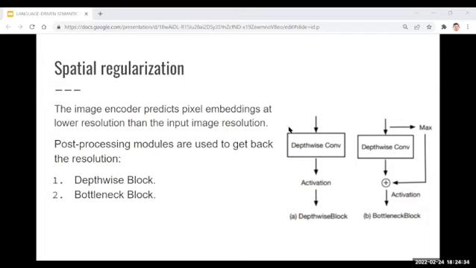In the right-hand side image, which is called the bottleneck block, a similar model is used, but additionally it is augmented with a max pooling operation. So the only difference between these two is that you have a max pooling operation augmented with the depth-wise block.